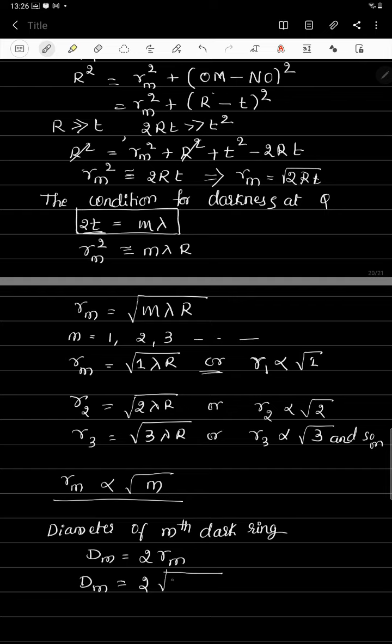So Rm we can substitute as root 2 capital RT, and dm is equal to 2 times square root of 2RT, that is nothing but, as we already know, m lambda, so root m lambda into R. So this is the expression for the diameter of the mth dark ring, which is equal to 2 times under root of m lambda R. So Rm value we already know, root m lambda R is there, and the diameter will be 2 times R.